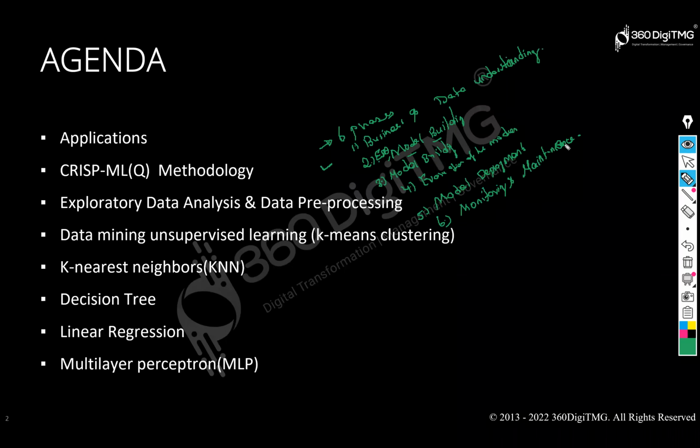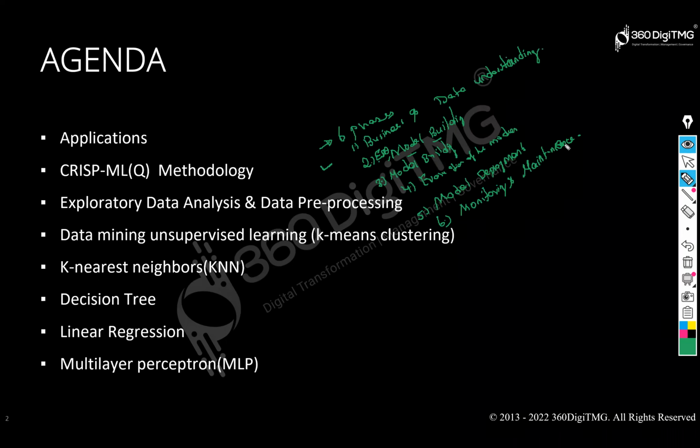In model building, we have a lot of machine learning models. Let's say K-means, that is to cluster. Then we have dimensionality reduction: PCA, SVD, all these come under dimensionality reduction. Once all this is done, we will enter into the model building process.